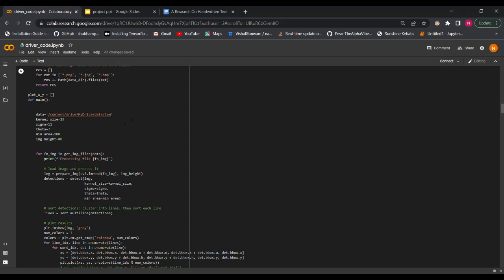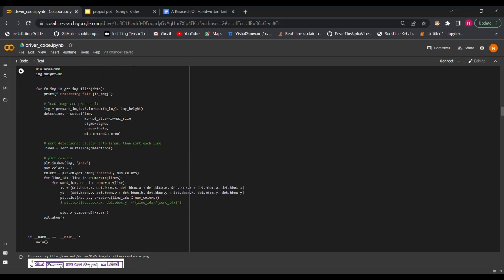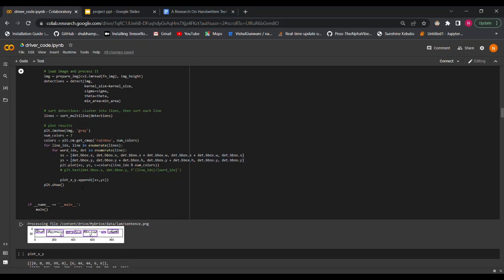That image is being sent to our pre-processing function. The pre-processed image then is being sent to our detection model. That detection model gives us the coordinates of every word in a sentence. Those coordinates are being plotted on the image.